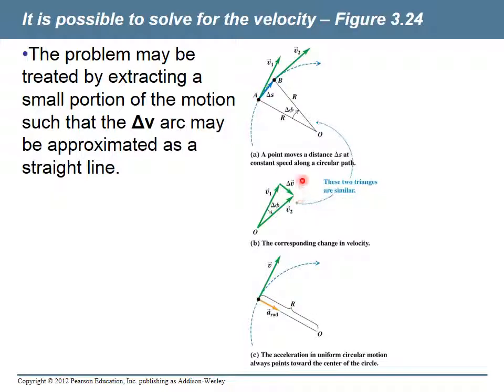Running through the algebra, it's best to open up your book and follow along here. This is on page 86. Delta v is going to be equal to v1 over r times delta s, because delta s over r is equal to delta v over v1.